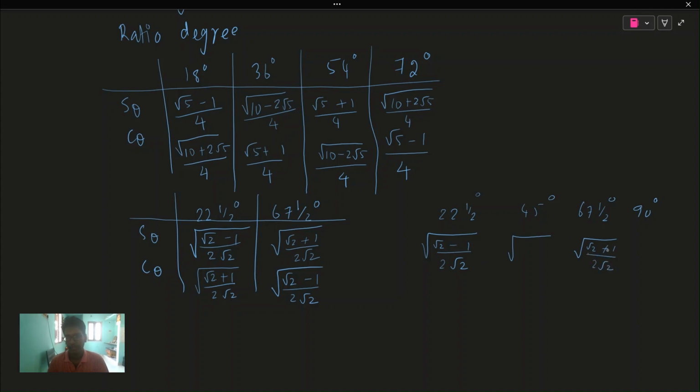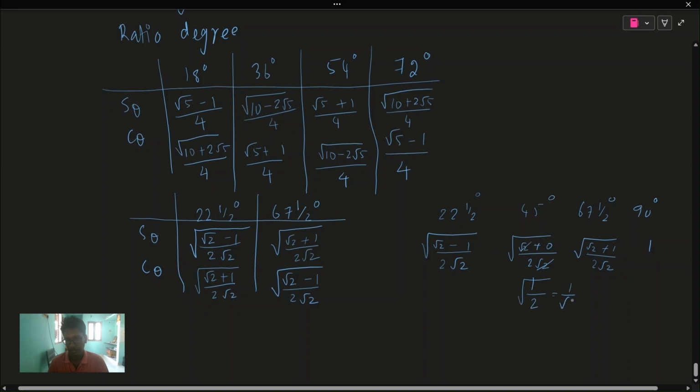Here minus 1 and plus 1 exist, so definitely it should be plus 0. So let's solve it. Root 2, I am putting root 2 by 2 root 2. And same way here you will be getting 2 plus root 2 divided by 2 root 2. So that value amounts to 1. Yes, see, root 2 and root 2 cancel, and you will get root of 1 by 2, which is 1 by root 2. Yes, the value is satisfied.